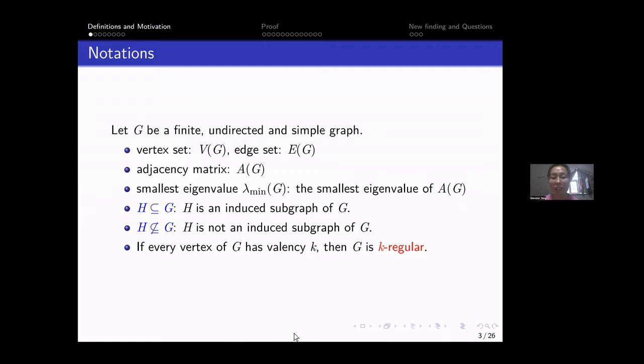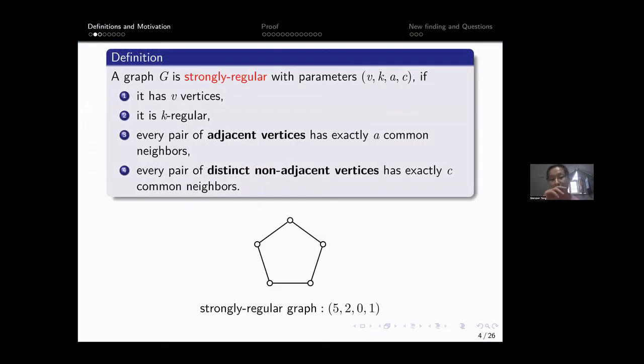Also, if H is an induced subgraph of G, I will write H is a subset of G; otherwise, I will write H is not a subset of G if H is not an induced subgraph of G. Finally, a graph G is k-regular if every vertex of G has valency k, although the last one is very trivial for us.